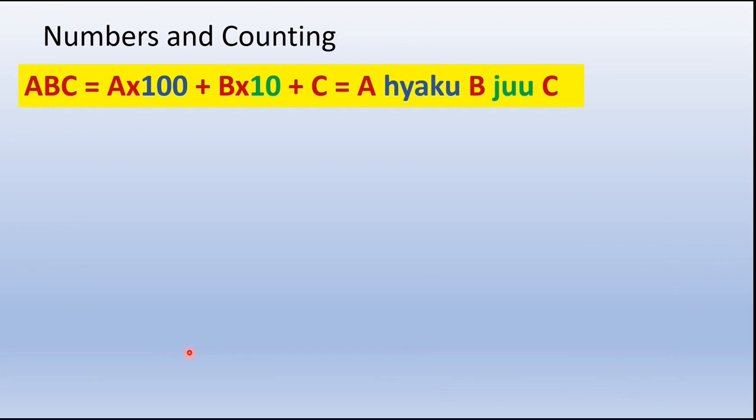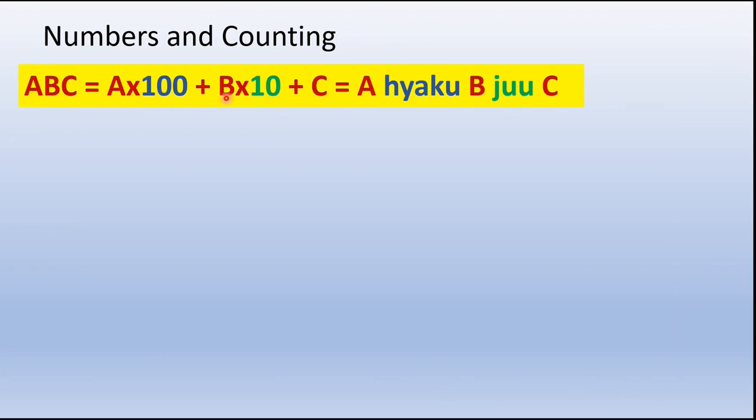As you can see here, ABC is a 3-digit number, and it can be written as A into 100 plus B into 10 plus C. This we all know. Now, to form a number in the Japanese numeral system, A comes here as A. Then for the hundreds place, we have hyaku.